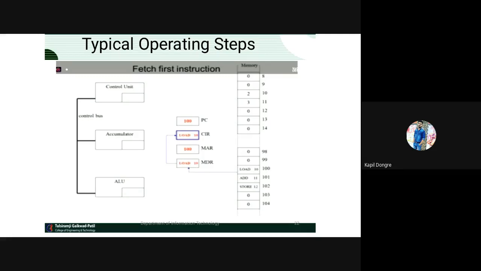We know that the instruction going to be executed consists of three most important steps. First is called fetch, second is called decode, and the third is called execute.